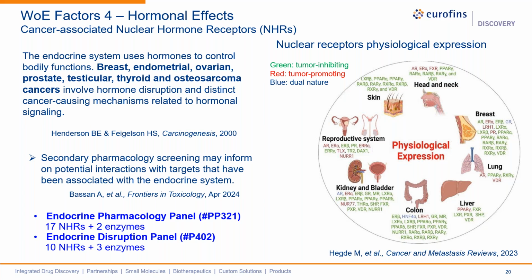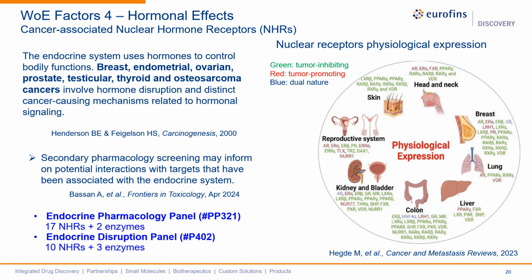On the right, you can see another review also showing physiological expression of nuclear hormone receptors throughout the body. Note that color coding green indicates tumor inhibiting receptors, red shows tumor promoting receptors, and blue designates those with dual natures. This distribution helps us understand why certain tissues are particularly affected by endocrine-mediated carcinogenesis.